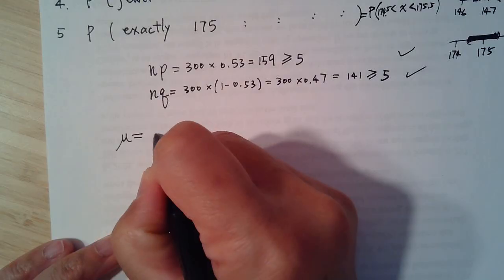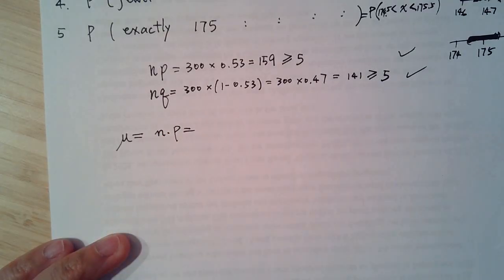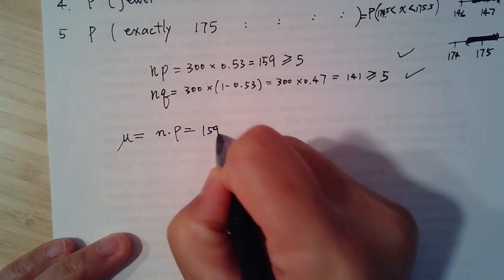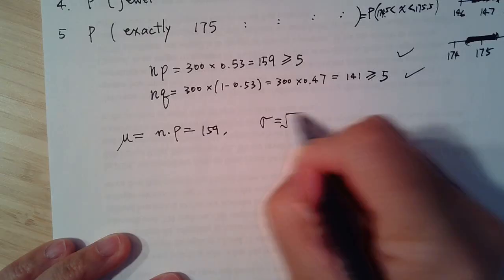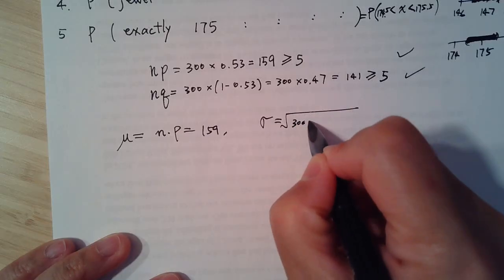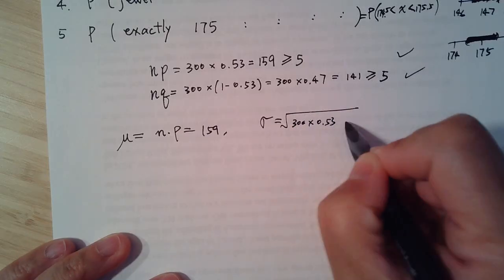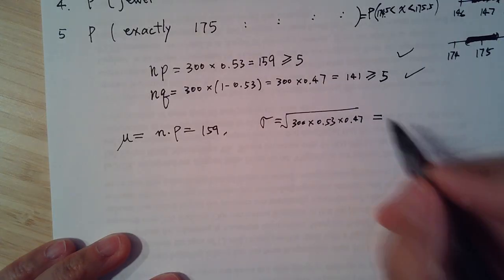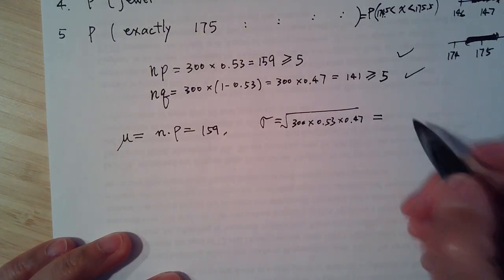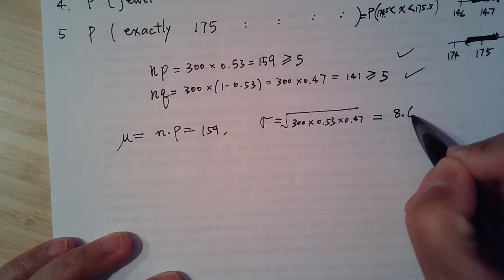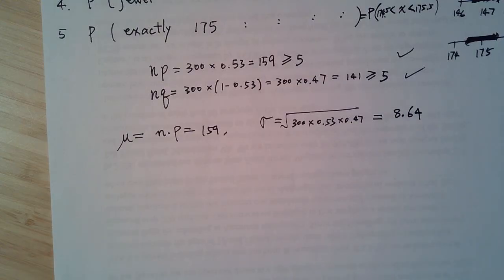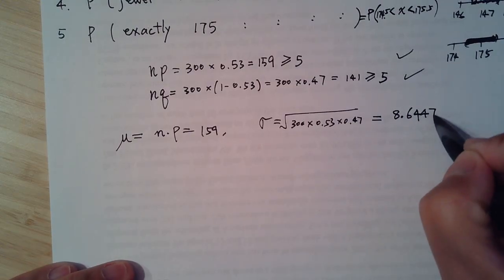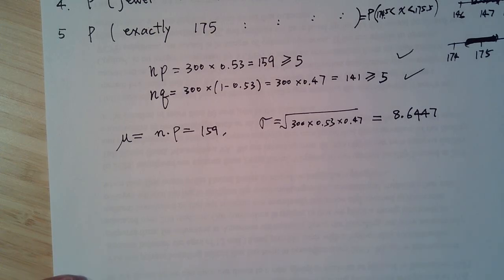And the next one will be very simple. We get a mu, which is n times p. It's 159, and the standard deviation will be the square root of 300 times 0.53 times 0.47, which is npq, so you get 8.64. I think that's okay. If you want to keep a little bit more decimal places, that's totally fine.